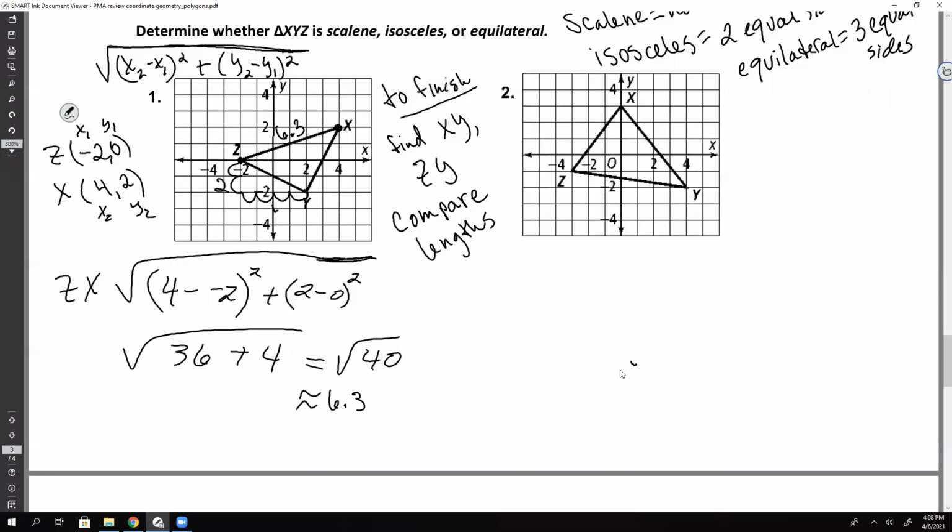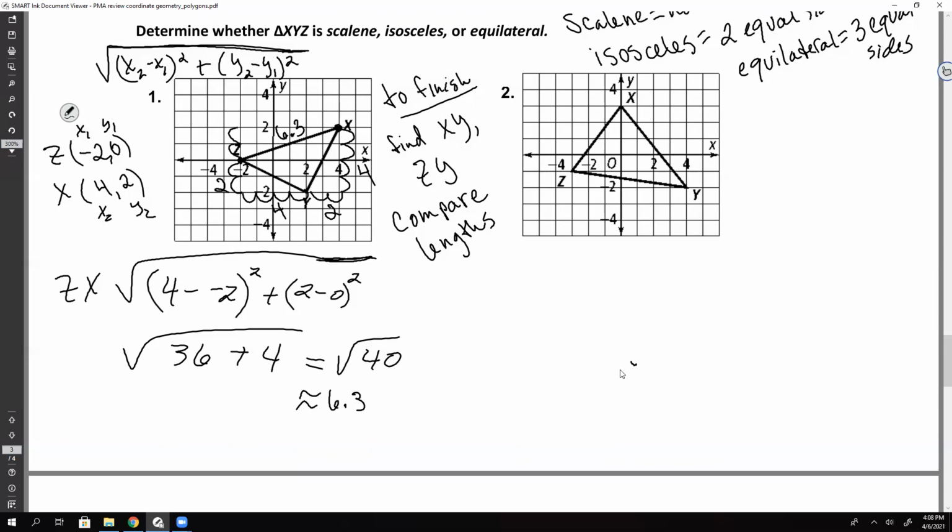Down 2 over 4. Okay, look over here. Look at xy. We go down 1, 2, 3, 4, and we go over 2. Again, look, another triangle with 2 and 4. So at least it's isosceles, right? Look at zx. We calculated 6.3, but let's say we wanted to do the counting.